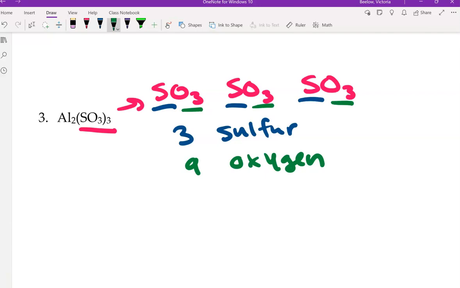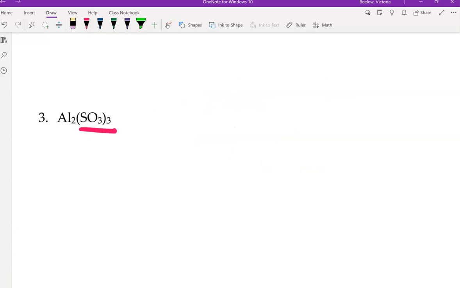So you can draw it out like this if that helps. Or you can also look at it like this. 3 times 1 is 3. So if you have 3 of the sulfurs, which is the S, or you can also look at it as there's a 3 here, 3 times 3, which is 9 oxygen. That's a really important thing that you want to remember if you see that subscript on the outside here.